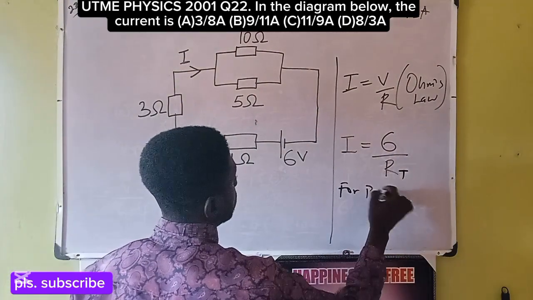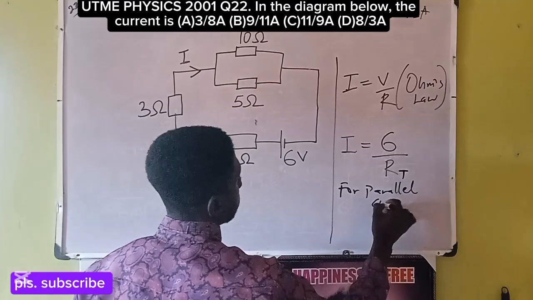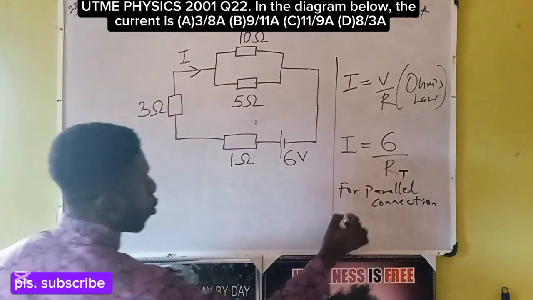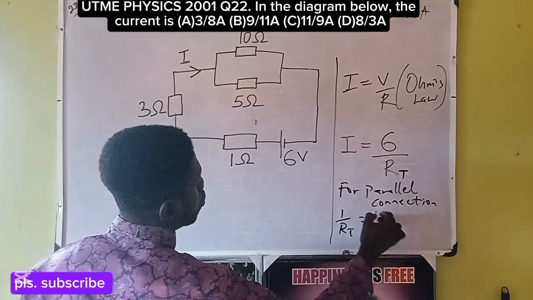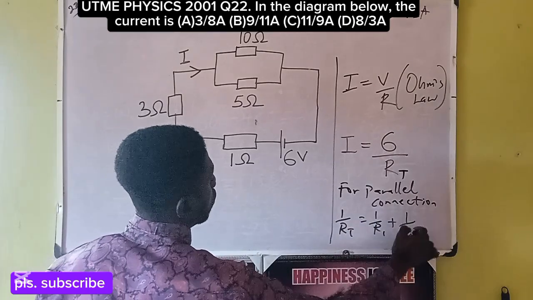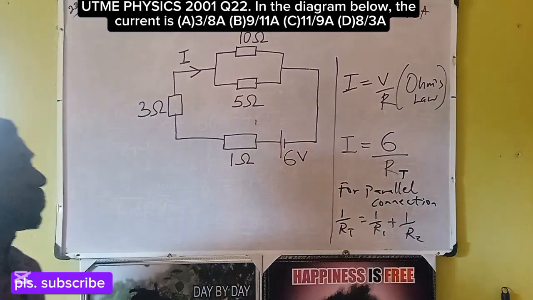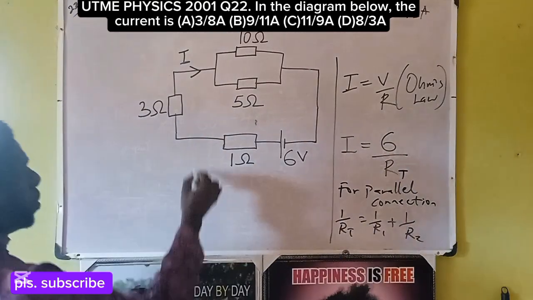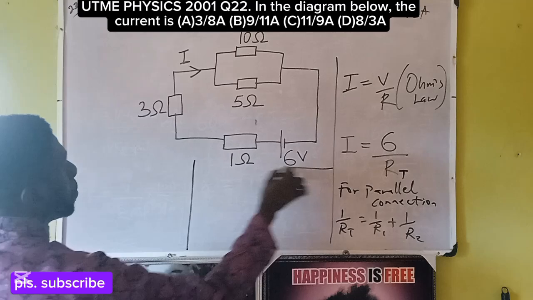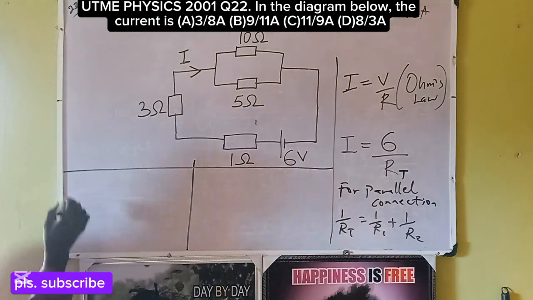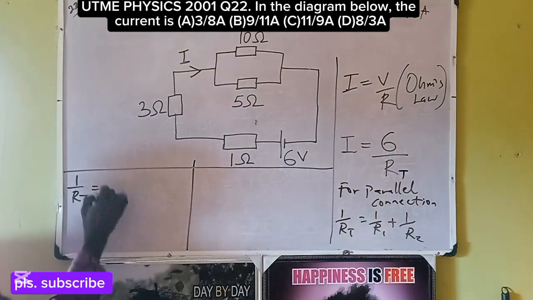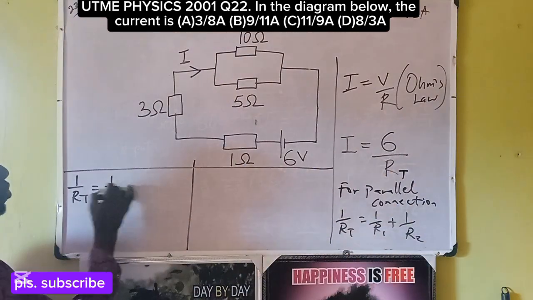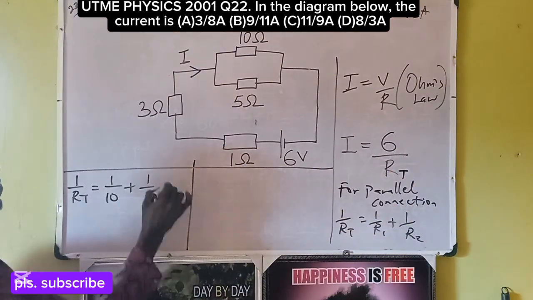For parallel connection, we have a formula that says 1 over RT is equal to 1 over R1 plus 1 over R2. This is the one for finding resistors in parallel connection. So let's flow. 1 over RT is equal to, we have 10 and 5 in parallel connection, so 1 over 10 plus 1 over 5.